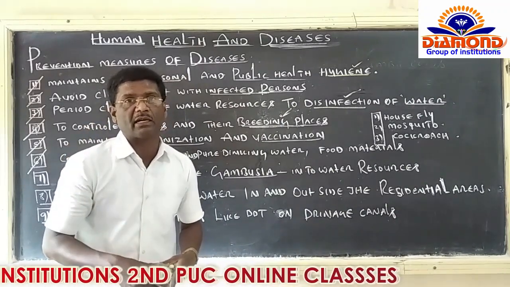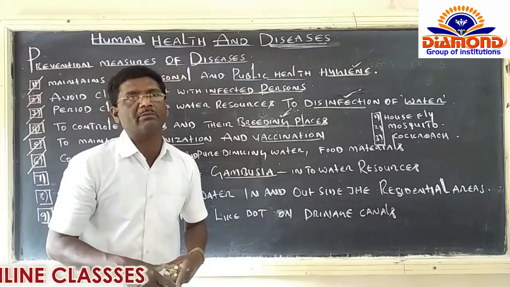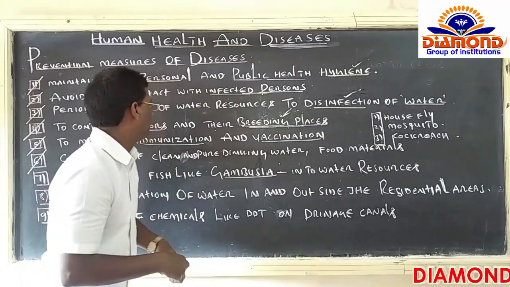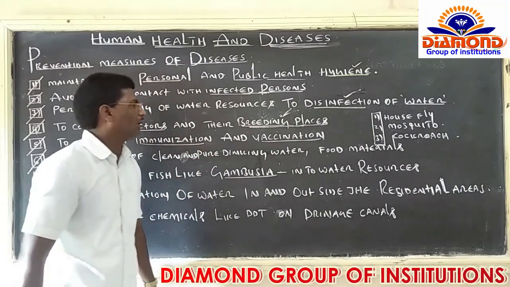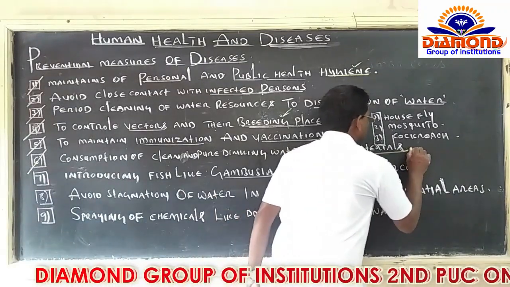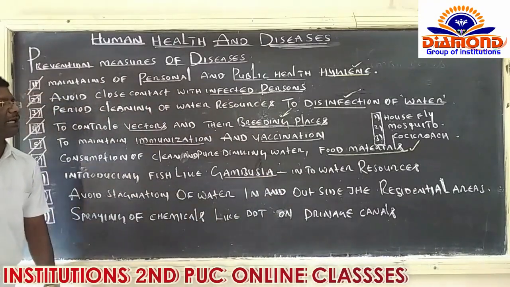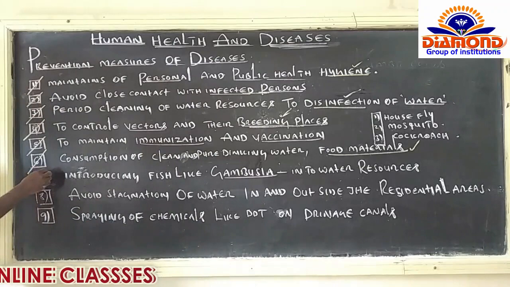As I already mentioned, typhoid is caused by contaminated drinking water and contaminated food only. So consume clean and purified drinking water, as well as clean and pure food material. In this way we can easily avoid diseases.